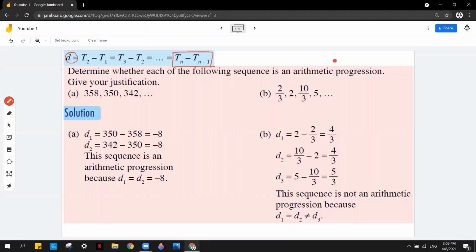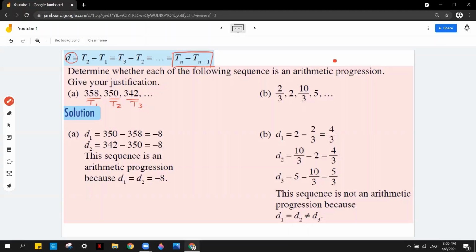Tn minus T(n-1). So usually in a sequence or series, if they give you a sequence here, to determine whether it's arithmetic or not, you just have to take two terms. Let's label them T1, T2, and then T3.